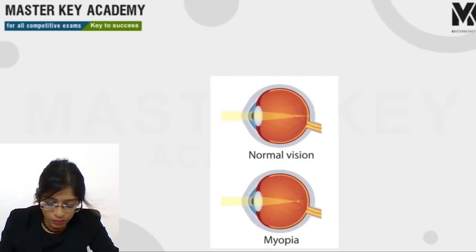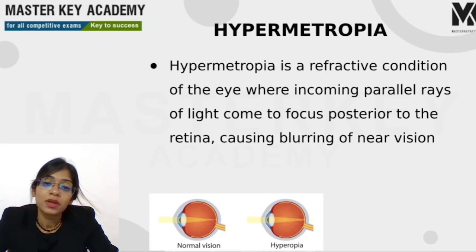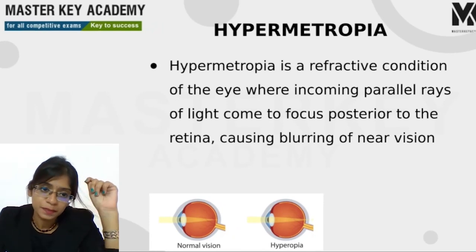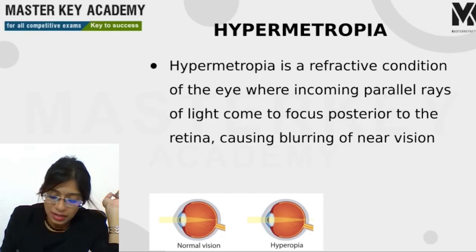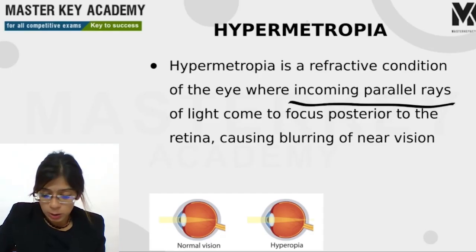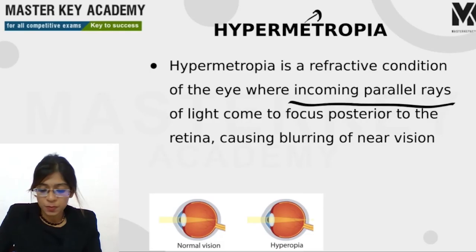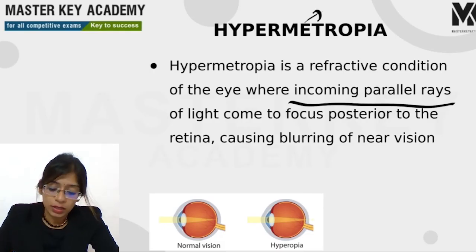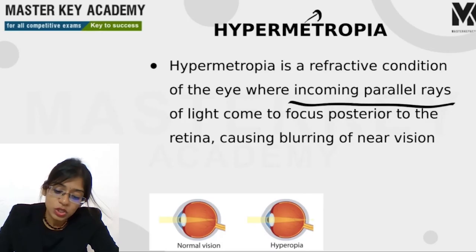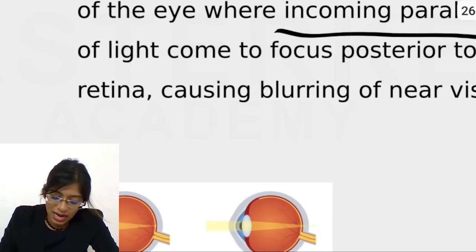Let's move on. This is again the same picture. In hypermetropia, again there is a refractive error where the parallel rays... hypermetropia means what, guys? Here it is just the opposite. They can see distant objects well. It is called farsightedness. They can see distant things well, but have difficulty seeing nearby things. This is hypermetropia.